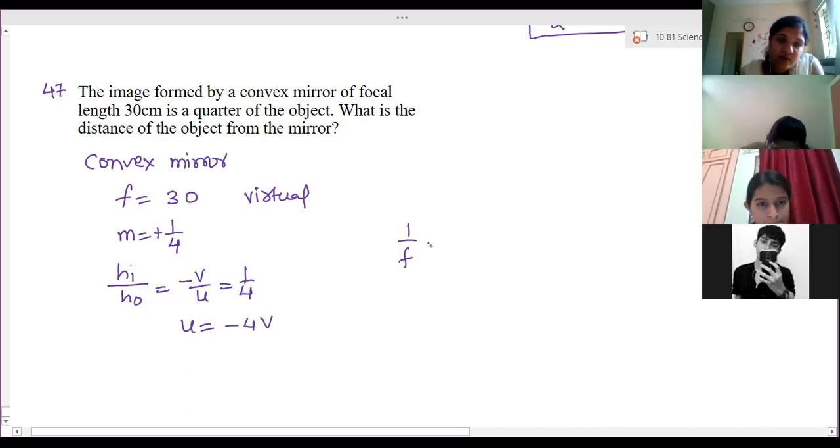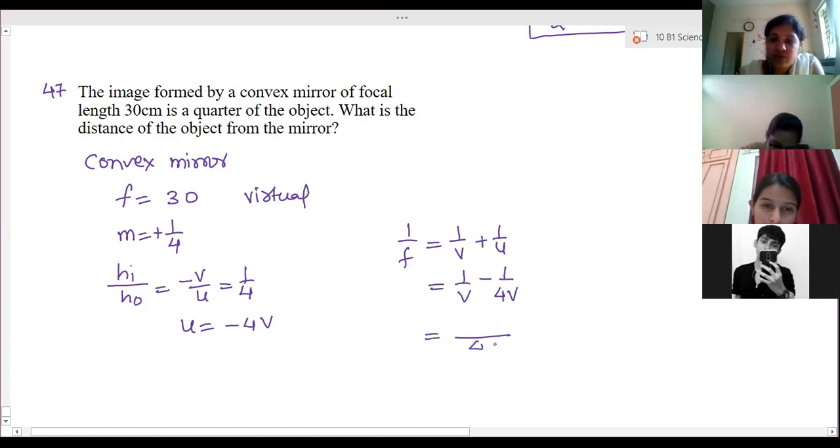So 1 by f is equal to 1 by v plus 1 by u, that is 1 by v minus 1 by 4v, right? U value is minus 4v. So LCM is 4v. So 4 minus 1, that is 3 by 4v, is equal to 1 by 30.